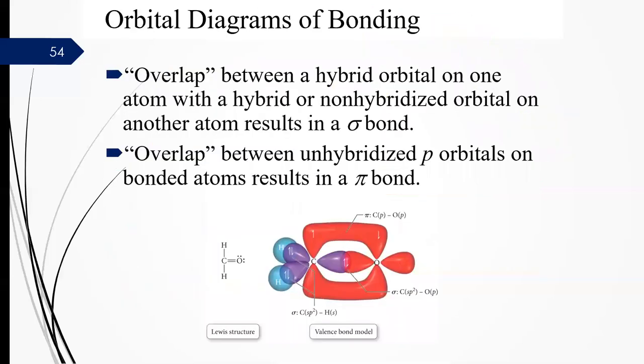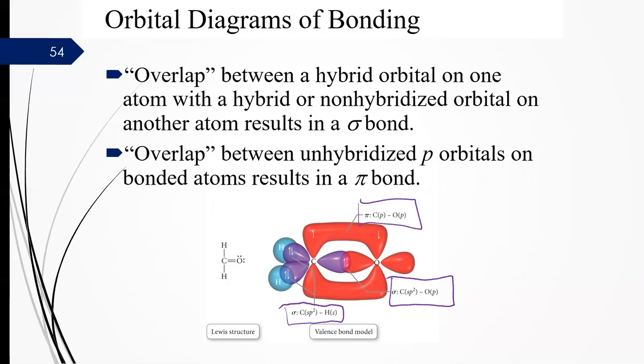So looking at that image again, we have a total of 3 sigma bonds. We have a sigma bond between carbon's hybridized orbital and hydrogen. We have another sigma bond between carbon's hybridized orbital and oxygen. And then that second bond of the double bond is going to be our pi.